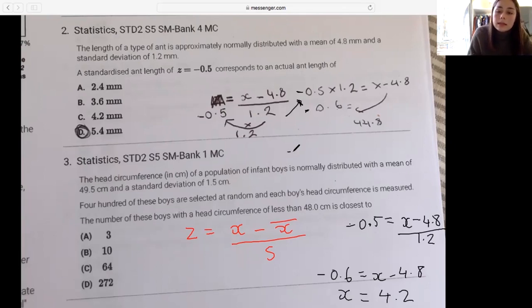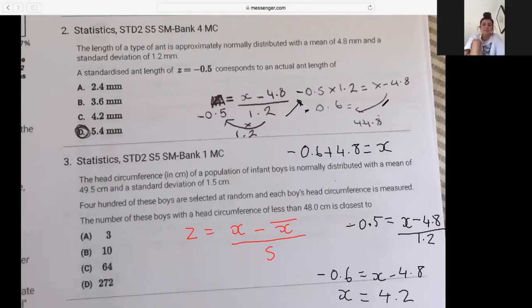And then so it's negative 0.6 plus 4.8 equals X. So you got all this part here right, and you took the 1.2 over, which was right. You just forgot to have negative 0.6.